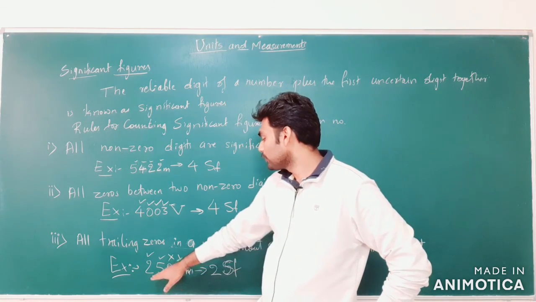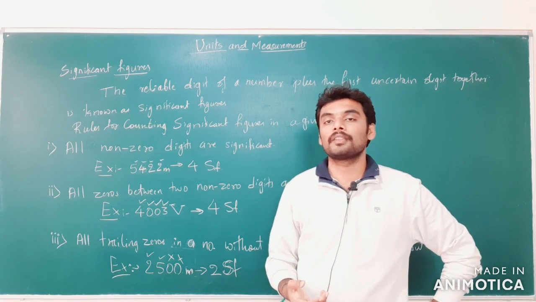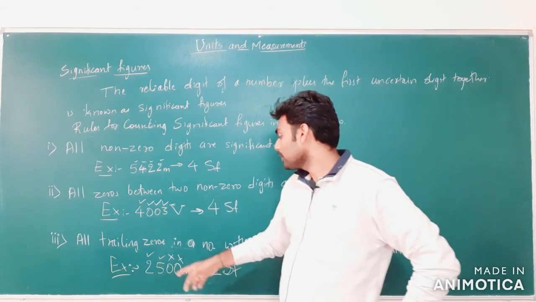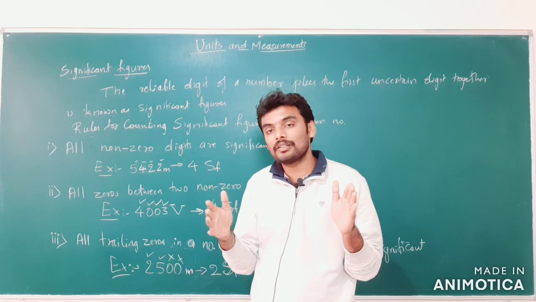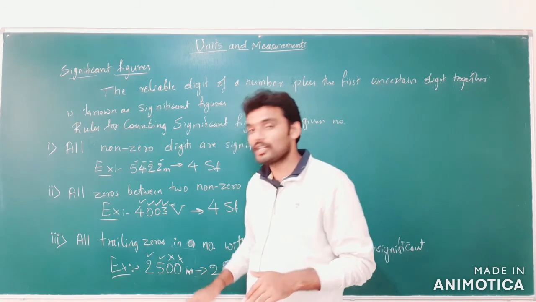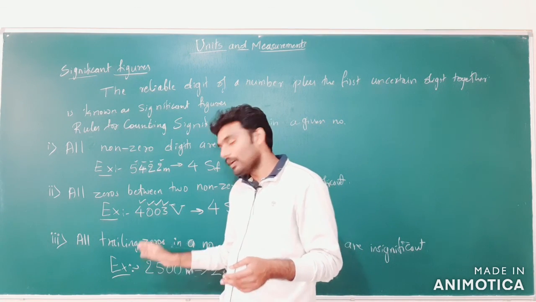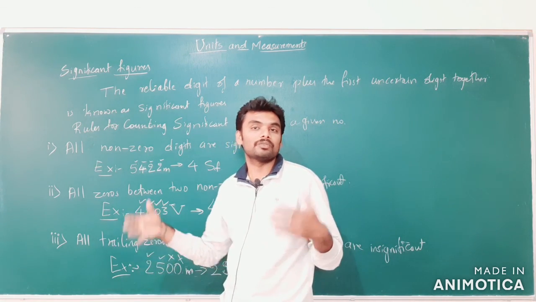So whether it is 2500 meter or 250 meter or 25 meter, it's always only 1 meter, which is the least measurement that can be done with this measuring device. So it doesn't matter if it is 25 meter, 250 meter, or 2500 meter.